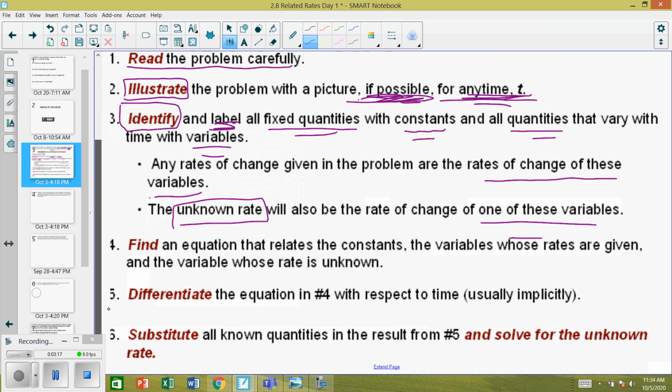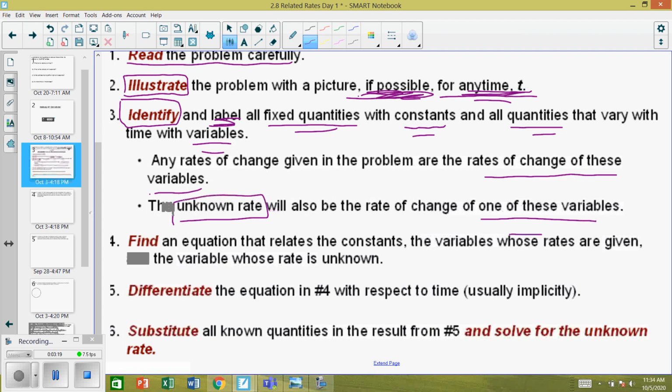Okay, so steps 1 through 3 are all about breaking down the problem and labeling everything that you know. Now, step 4 is where the math starts to begin. We're going to have to come up with our own equation. We're going to have to find an equation that relates everything together, the constants, the variables, everything. And sometimes it's going to be obvious, sometimes we'll have to think a little bit about it. Now once we find that equation, we're going to differentiate it, usually implicitly, but it's always with respect to time t.